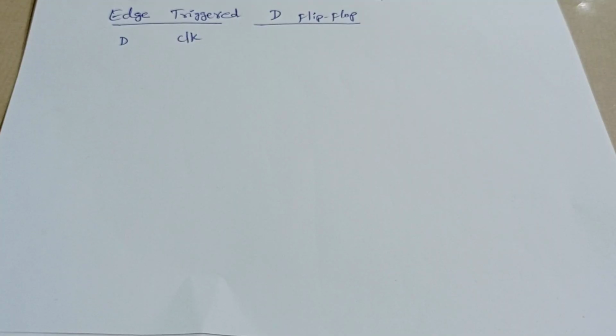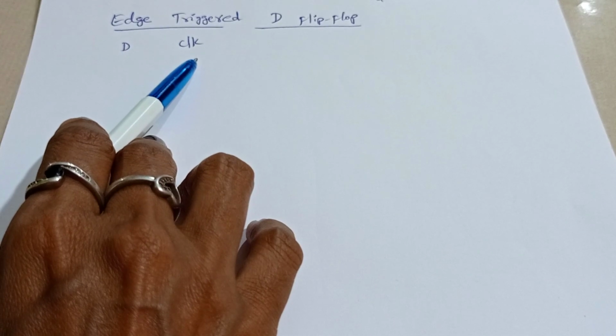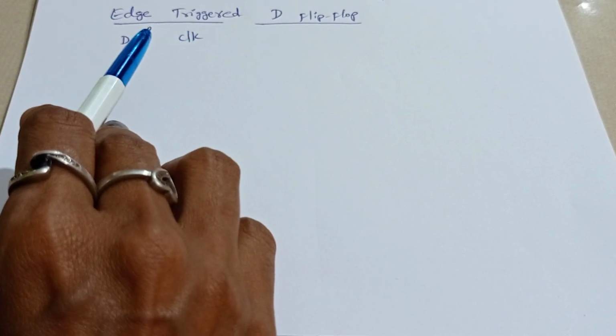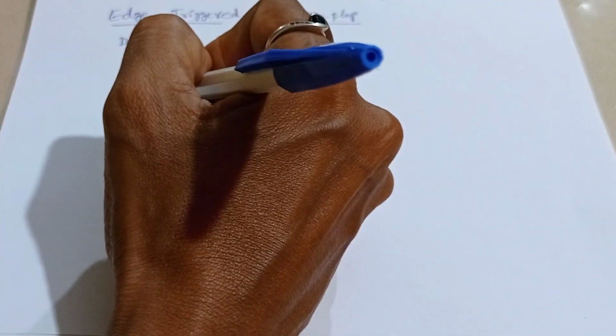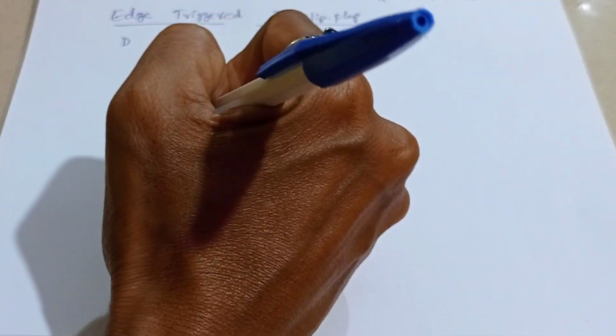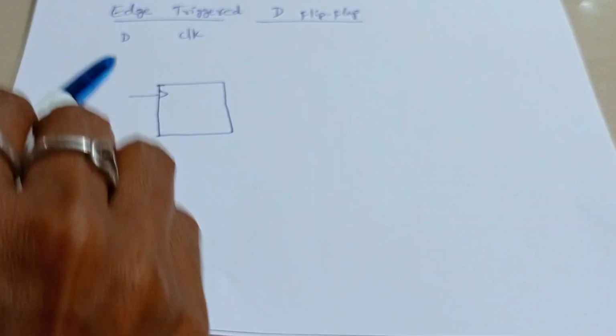Edge triggered D flip flop. The D flip flop has two inputs, that is D and clock. A small arrowhead on the flip flop, this is the small arrowhead on the flip flop.